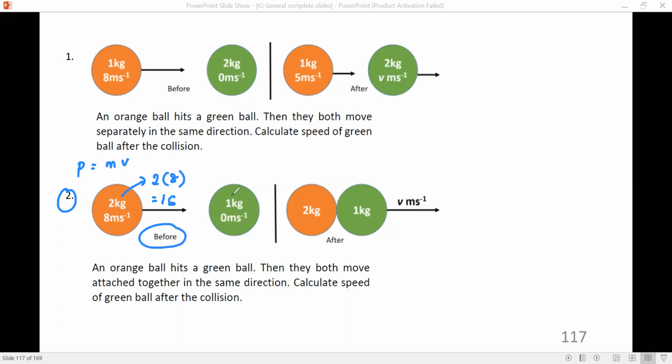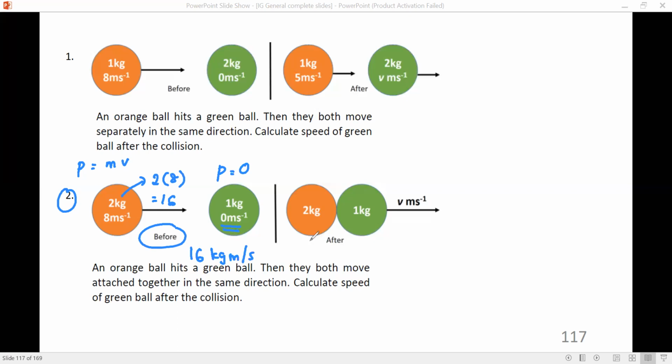Now you use the same formula to calculate the momentum of the green ball. However, the speed is 0, so the momentum is also 0. When you add them together, the total momentum before the collision is 16 kg m/s.